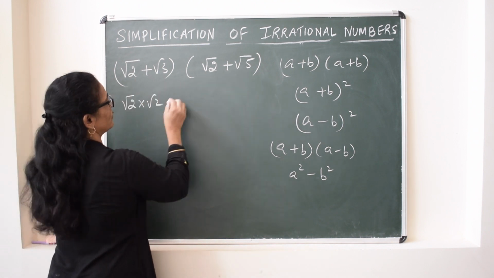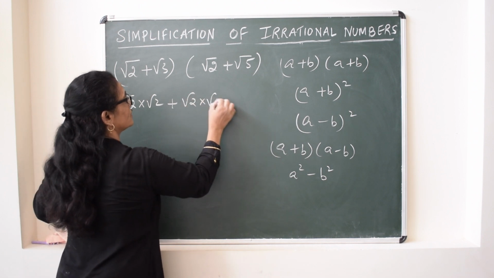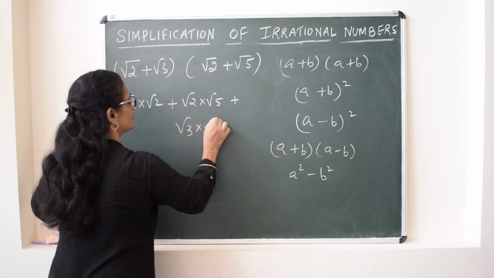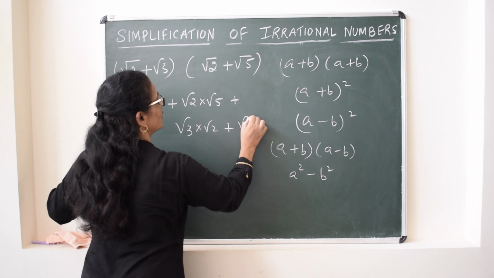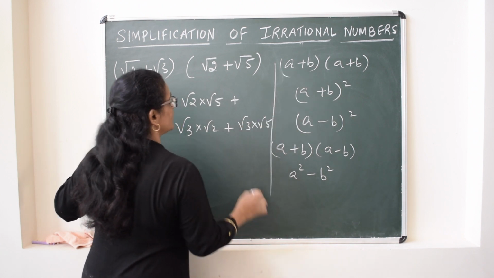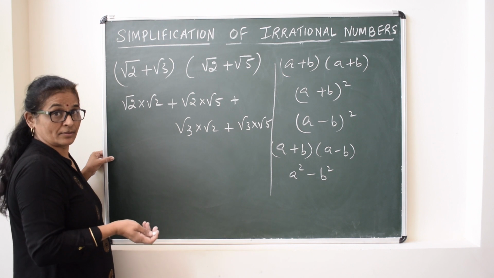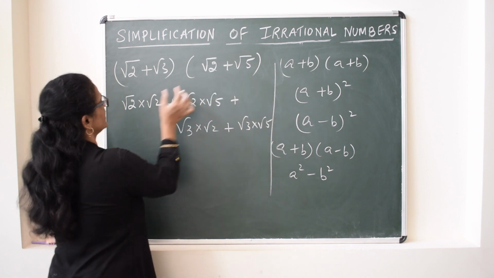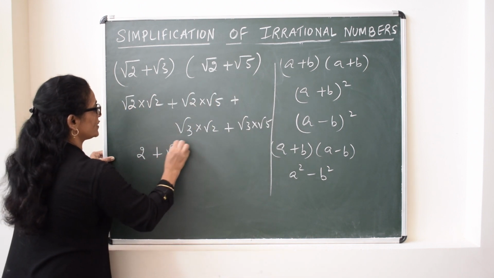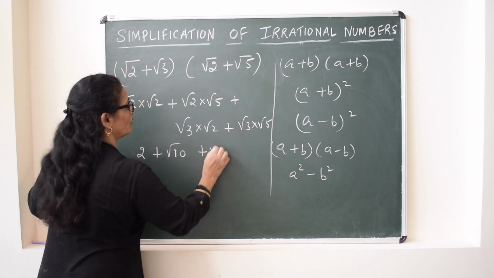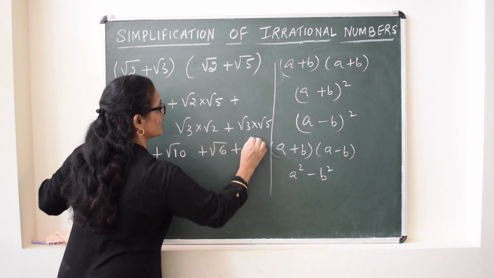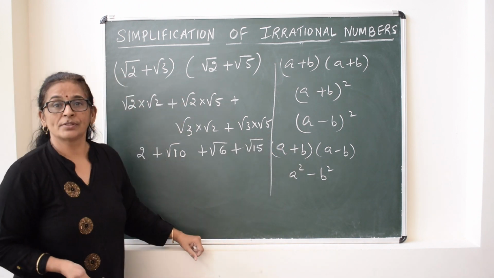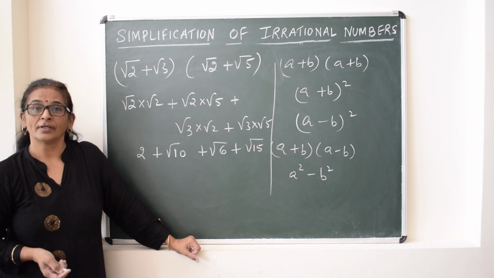Root 2 will be multiplied by both, plus root 3 will be multiplied by root 2, and root 3 will be multiplied by root 5. This is something you can say that open the bracket or apply the distributive property. This is multiplied by this full bracket, and this root 3 is multiplied by this. Further it will be 2 plus root 10 plus root 6 plus root 15. So in this way we can use the identities in simplification of irrational numbers.